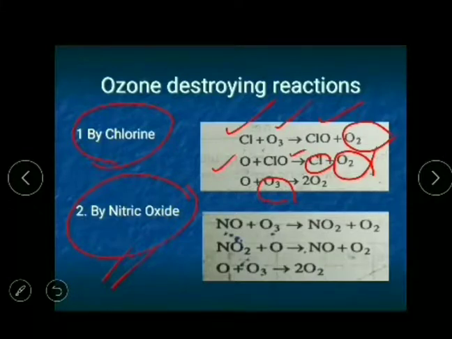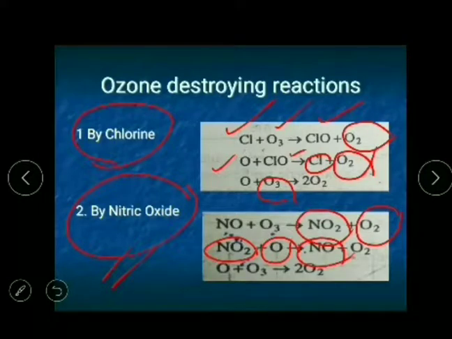One molecule of nitric oxide, when it reacts with 1 molecule of ozone, leads to the formation of nitrogen dioxide and 1 molecule of oxygen. This nitrogen dioxide, when it reacts with a single oxygen atom, gives rise to nitric oxide and 1 molecule of oxygen. One atom of oxygen, when it reacts with 1 molecule of ozone, gives rise to 2 molecules of oxygen.